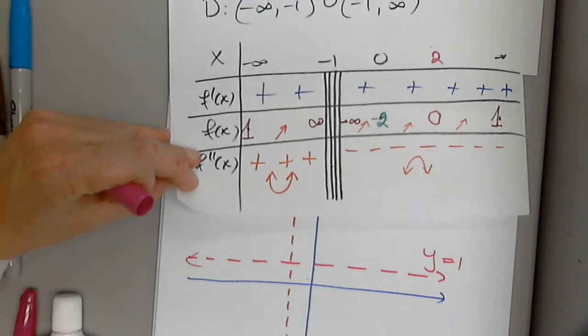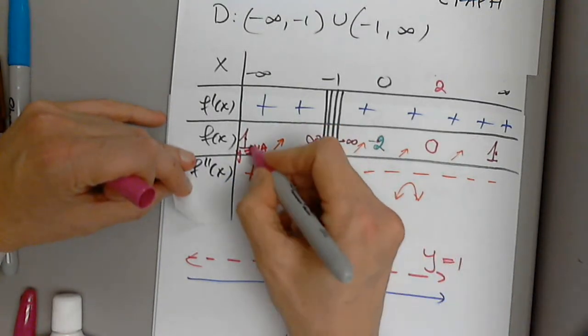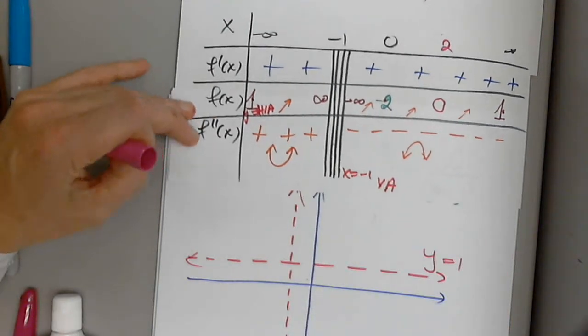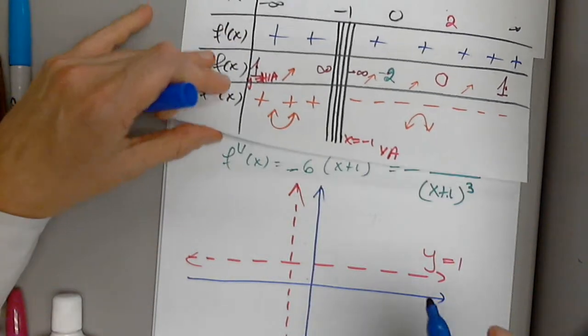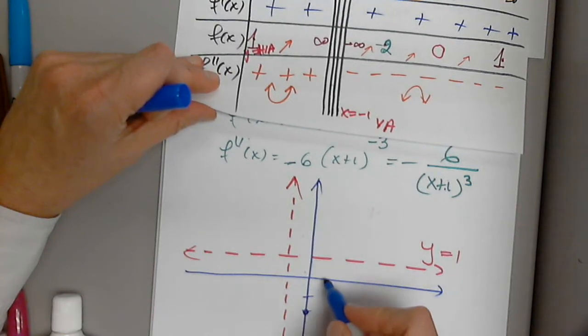So I have to write those on the chart. Y equals 1, horizontal asymptote, and x equals negative 1, vertical asymptote. Okay, ready? I have (0, -2), (1, -1/2), and (2, 0).